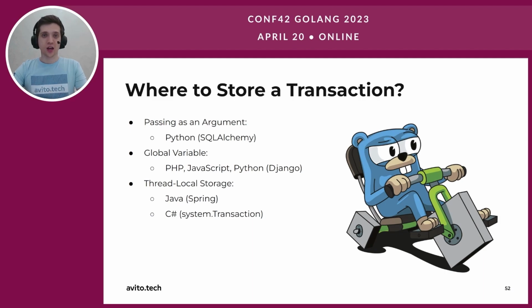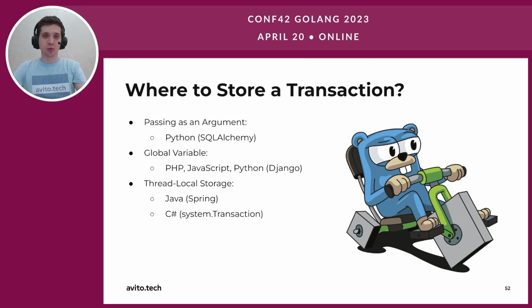In Python, the passing depends on the library. In SQLAlchemy, we pass the transaction explicitly as a function argument, and we already have this solution. In Django, transactions are stored in a global variable because Django processes one request in one thread.